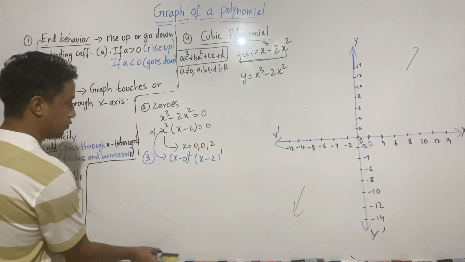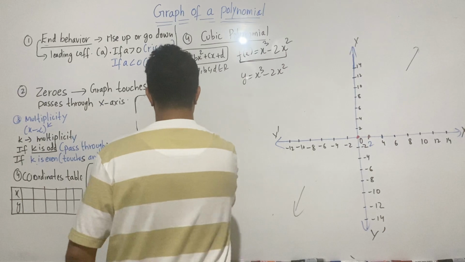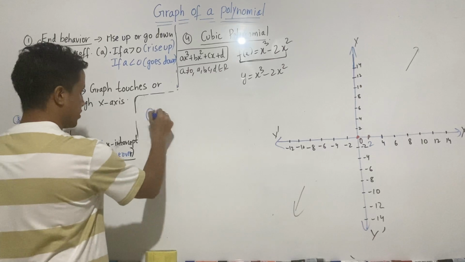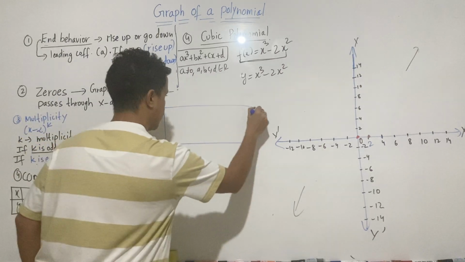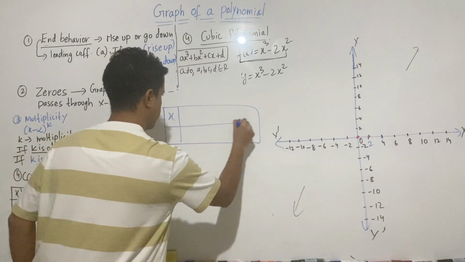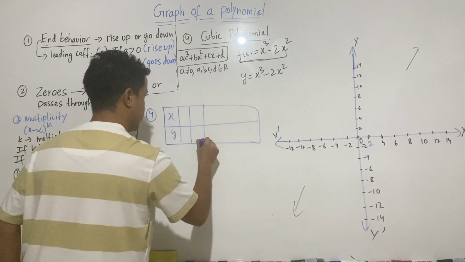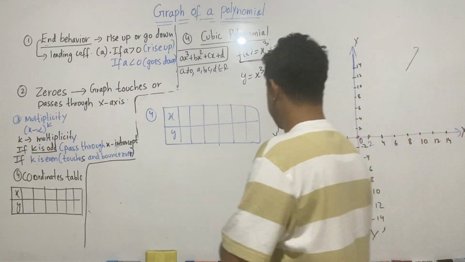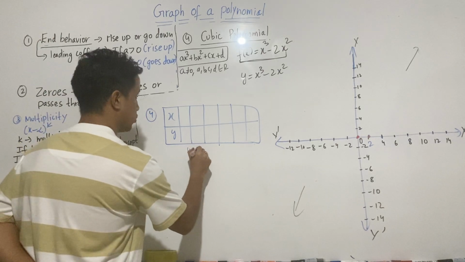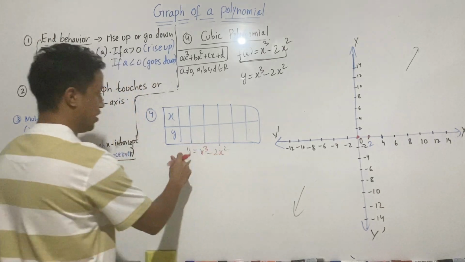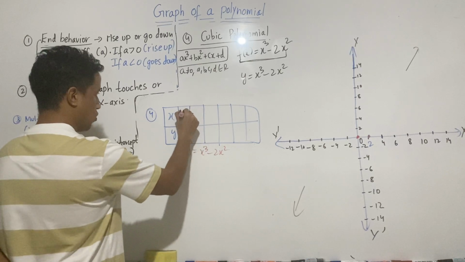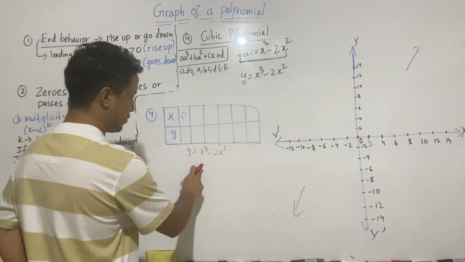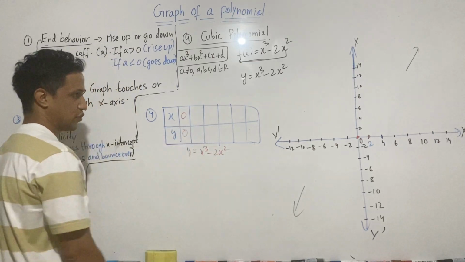Now step number 4 is to draw the coordinate table. Let's make a coordinate table. This is y, and we will put different values of x and see how y behaves. So y is equal to x cubed minus 2x squared. If x is 0, then y is 0 too.